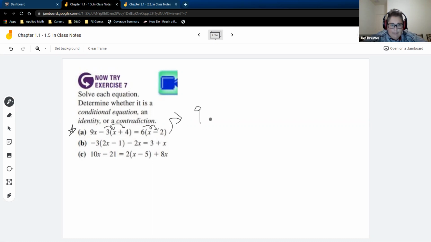So we'll have 9x again, minus 3 times x is negative 3x, minus 3 times 4 is negative 12. And then we're going to have 6x, and 6 times negative 2 is negative 12. So here you can see when we combine this, we have 6x minus 12 equals 6x minus 12.